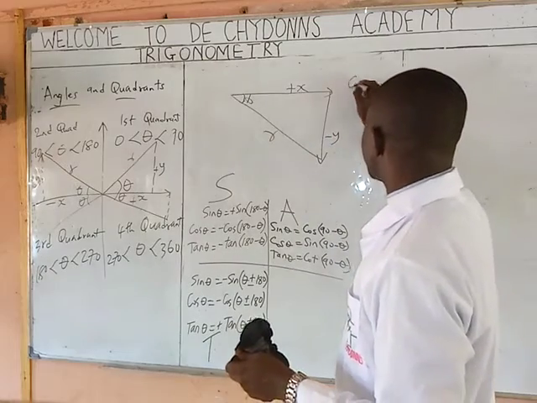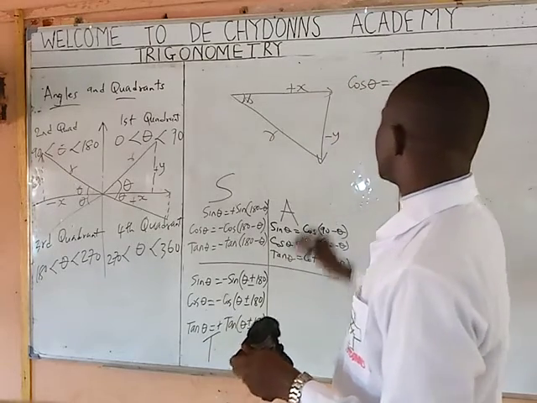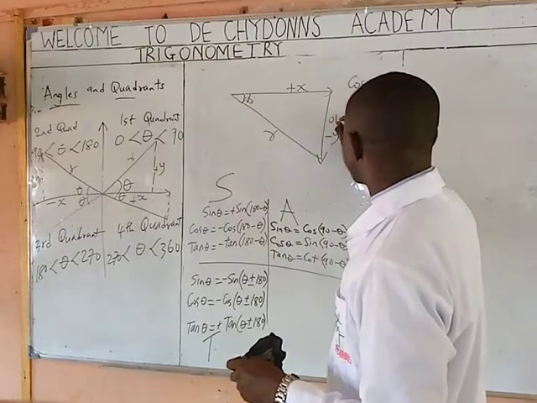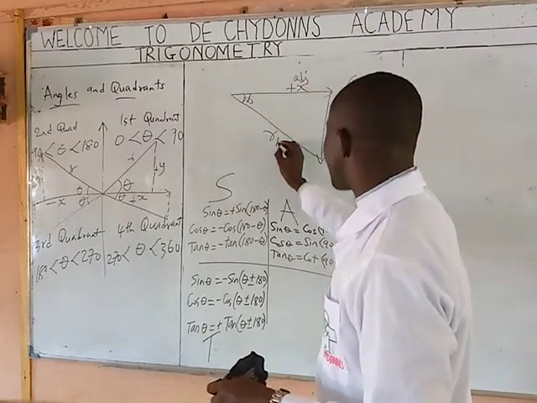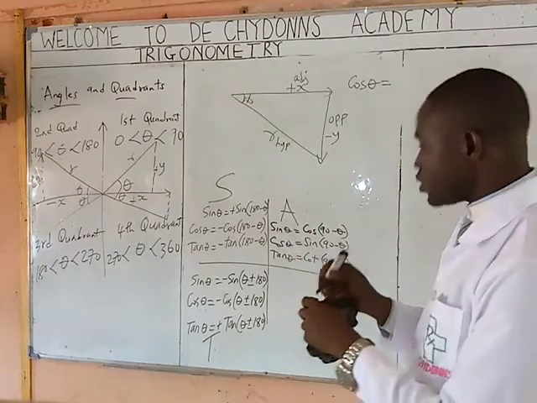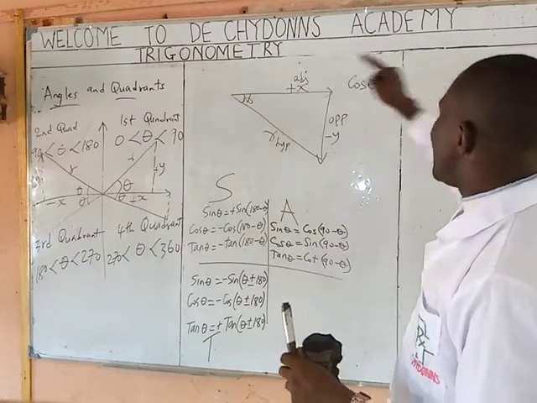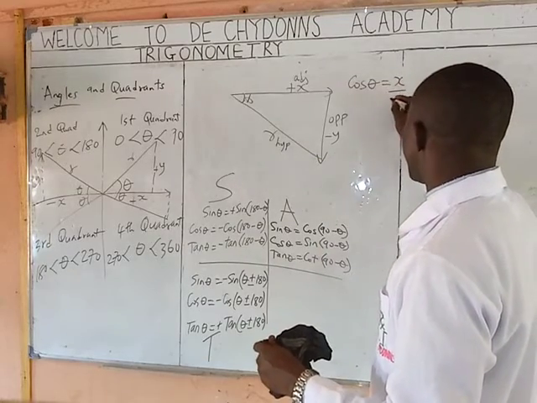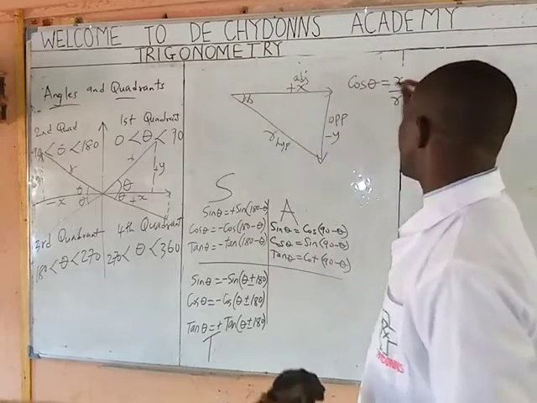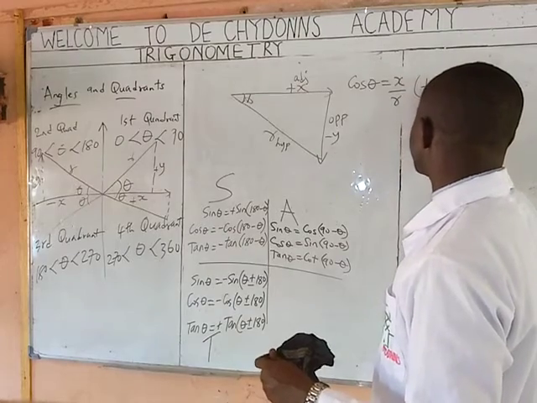We now say cos theta, here is opposite, here is adjacent, and here is hypotenuse. Cos theta, adjacent over hypotenuse, x over r. The C is plus x. So everything is positive.